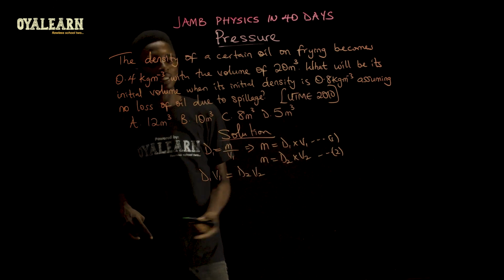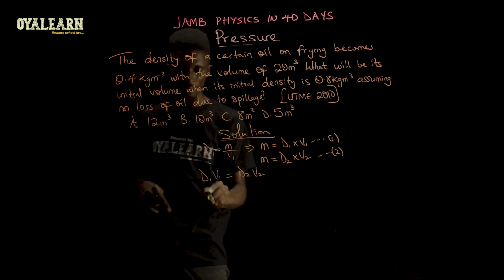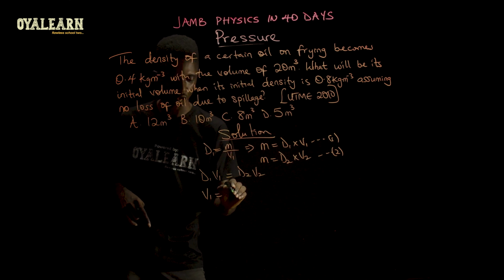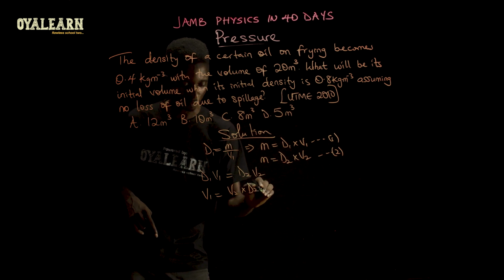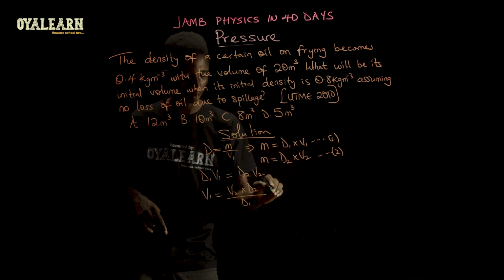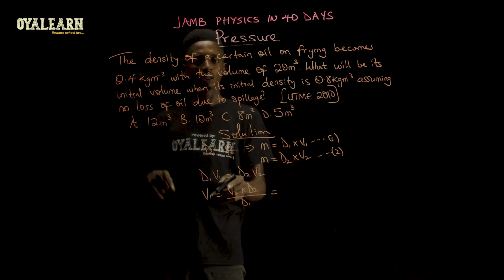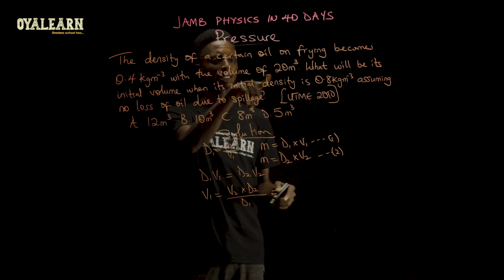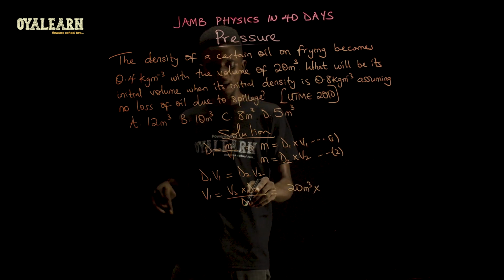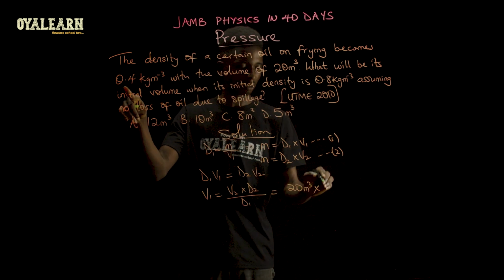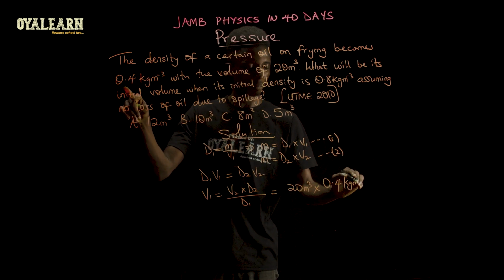So since the question is asking us to find the initial volume, V1, V1 therefore should be V2 multiplied by D2 all over D1. Now, V2 is given to us as 20 meter cubed multiplied by the final density 0.4 kilogram per meter cubed.